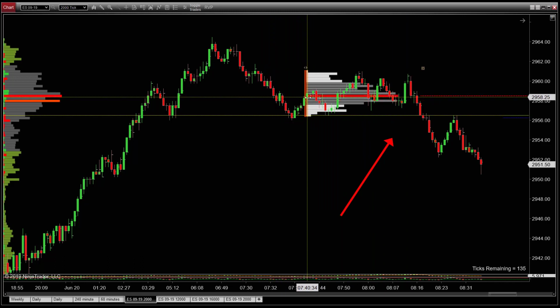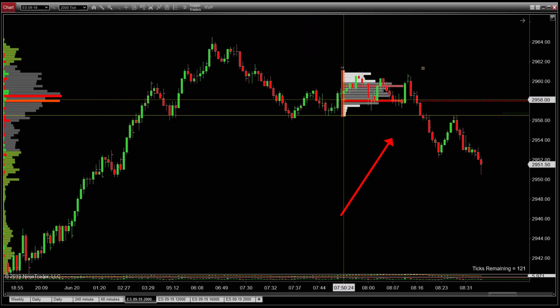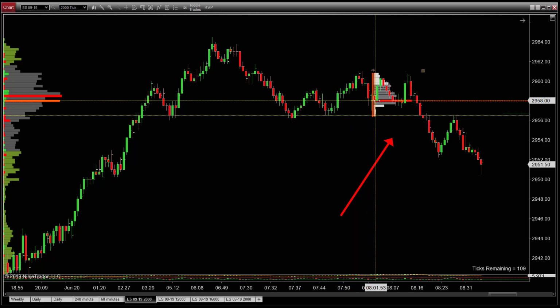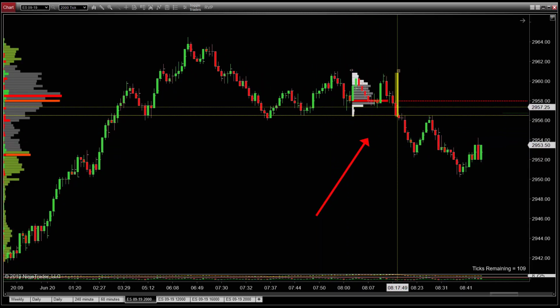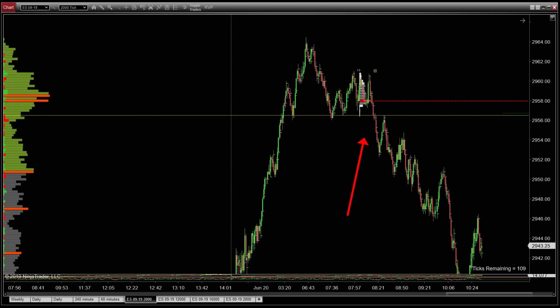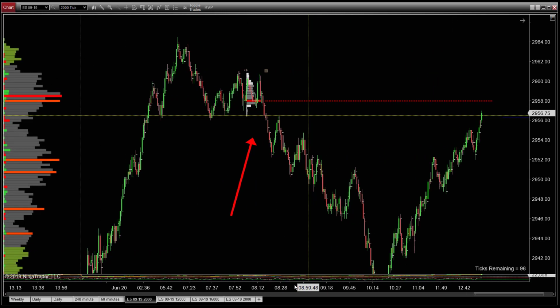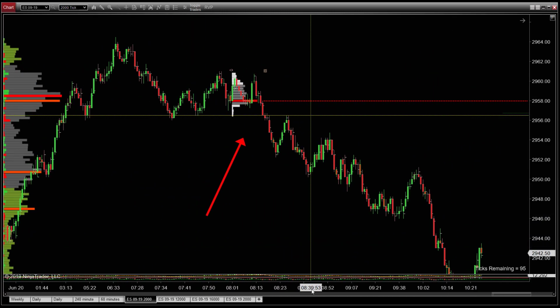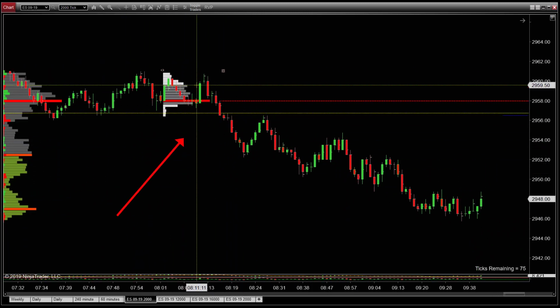It shifts right here up a little bit, but then it comes back down, and it's definitely pretty pronounced right there. It doesn't quite trade there. Let's see if anything trades there. Doesn't quite come back to it, and it just falls.